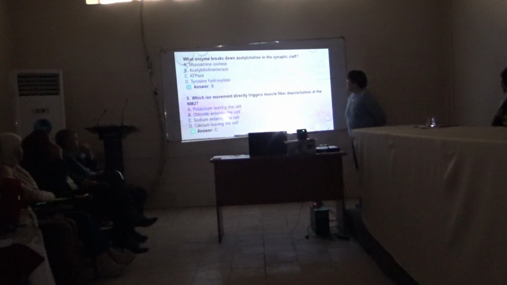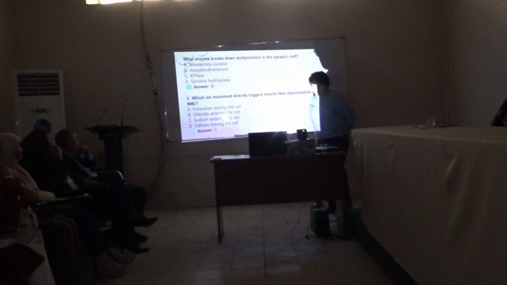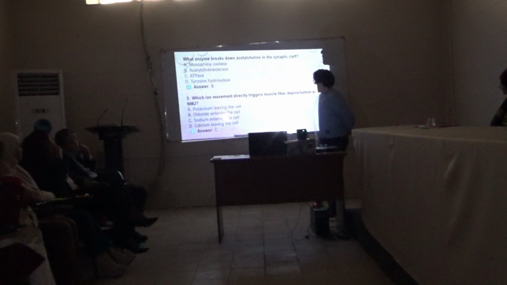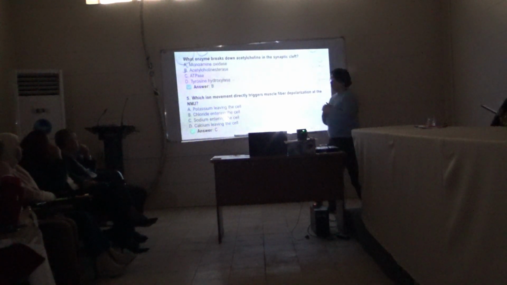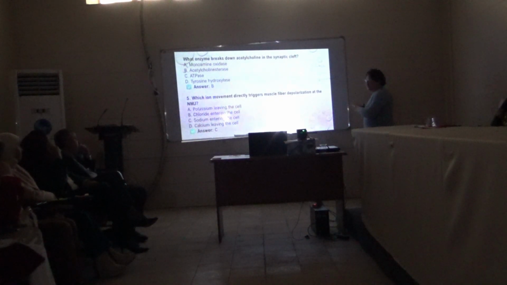It will be released as acetylcholine from these vacuoles to the postsynaptic junction, and we are going to destroy the acetylcholine itself, so at that time the relaxation will happen for the muscles.